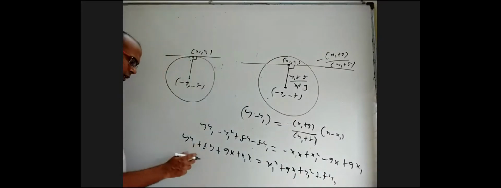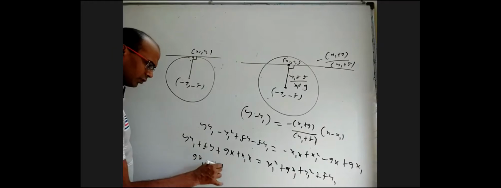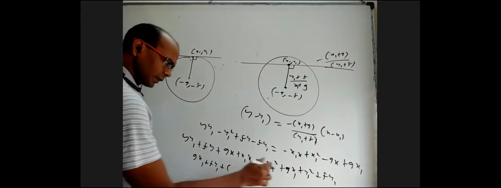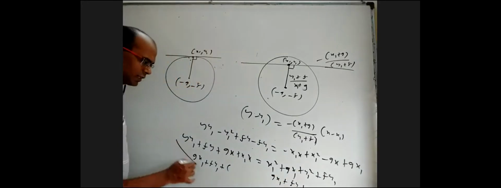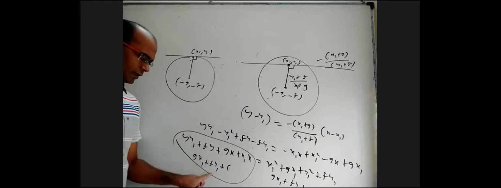I'm going to add g x1 and f y1 here. Is this x x1? Yes, okay. Plus c. Here also I'm going to add g x1 plus f y1 plus c. You see carefully, this is S1. x x1 is there, y y1 is there, g x plus g x1 is there, f y plus f y1 plus c.